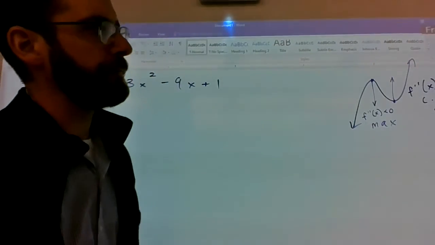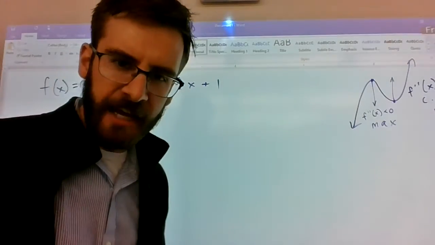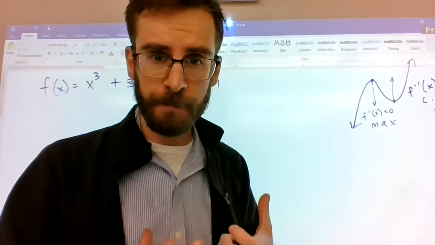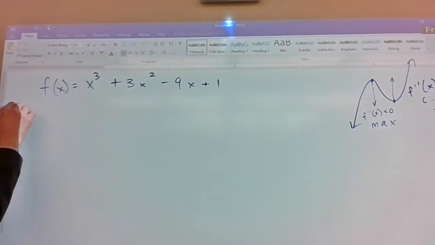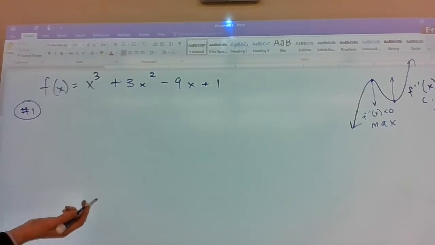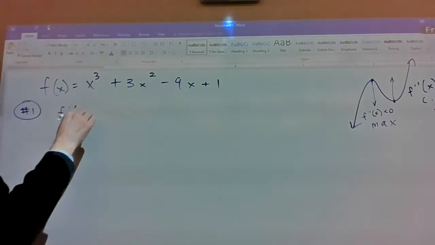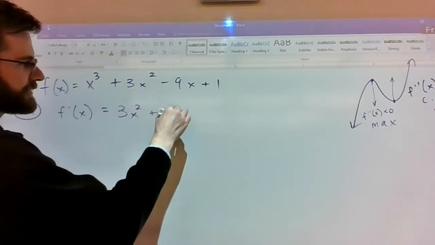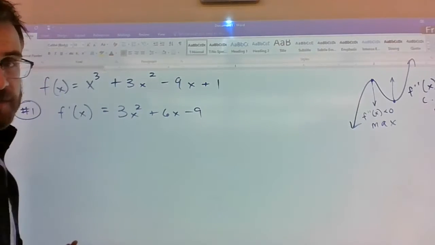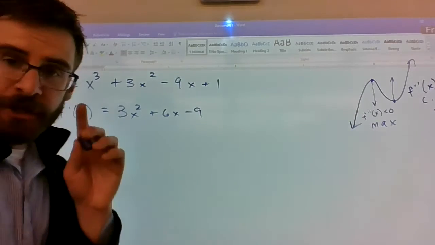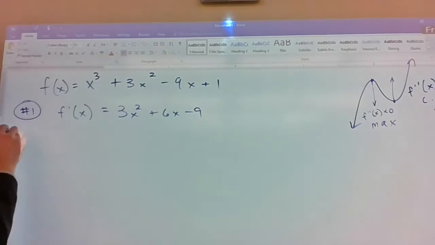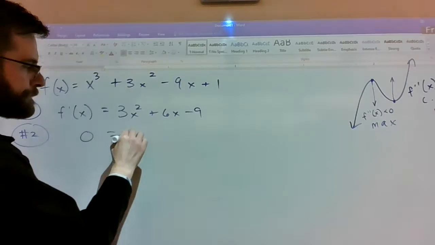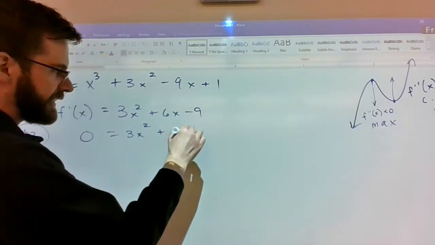So what do we do? Well, we first have to find the x values that would yield those two points. So step 1 for the second derivative test is I still have to find f prime. So 3x squared plus 6x minus 9, plus 0. And I'm still solving for the critical numbers. I'm still setting the derivative equal to 0 and solving it like normal.